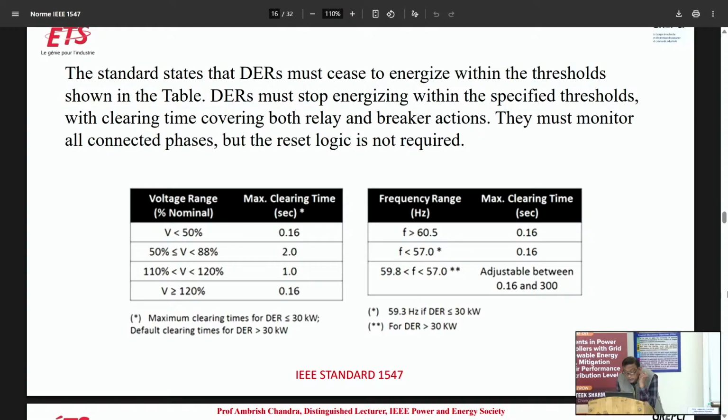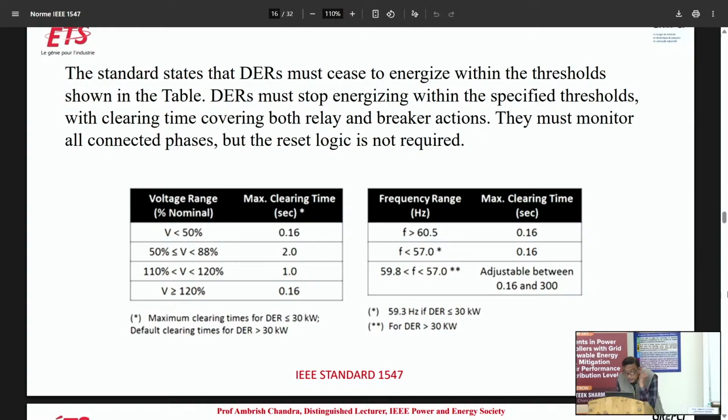If the voltage range is less than 50% of nominal, the maximum clearing time is 160 milliseconds. So DER must disconnect within 160 milliseconds if the voltage on the grid is less than 50%.